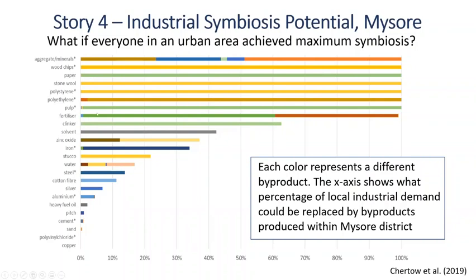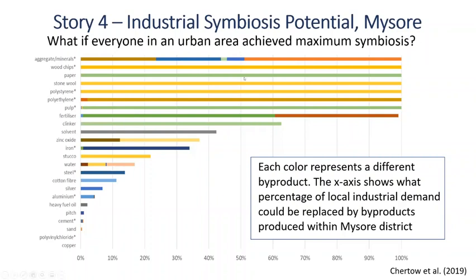And what this chart shows you is kind of fascinating. One of the conclusions of lots of very quantitative work is to say that what we see here are common materials: wood chips, paper, stone wool. These are in the top 5. And what we tried to calculate was how much of local industrial demand could be replaced within the city by its own byproducts.